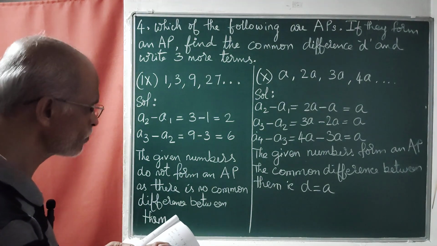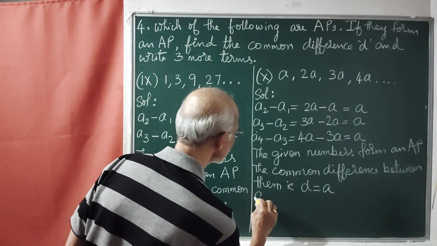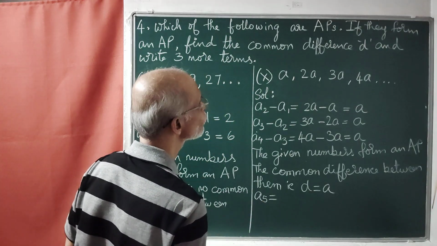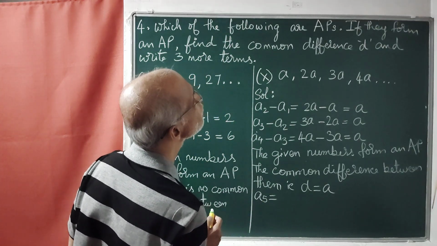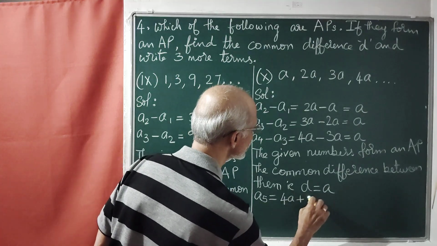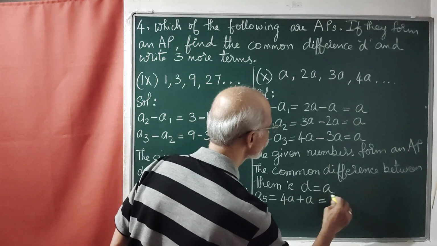Now we have to form three more terms, that is A5. A5 is equal to A4, which is 4A, plus D, which is A. 4A plus A is 5A.